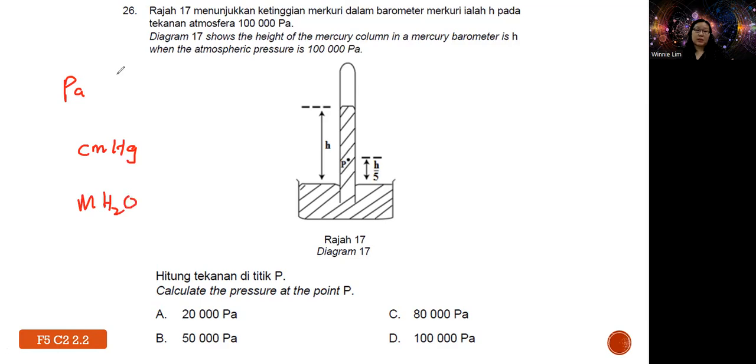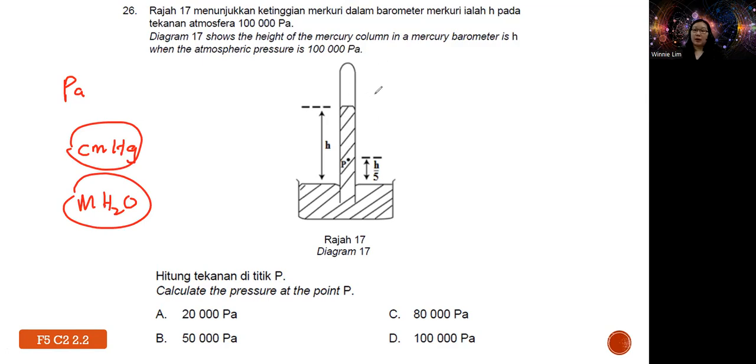All this also refers to the idea of pressure, but in different contexts. For a water dam, normally they will use meter water. For blood pressure, they will use millimeter mercury. Okay, so how do we construct a mercury barometer?